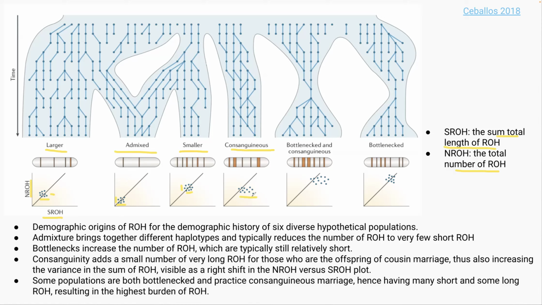So the total ROH proportion is increased, even though they have the same numbers, because they can have longer ROH blocks. If you experience a bottleneck, then it will be increased compared to the small population because they are much smaller, by the drift event, right? So they increase the sum of ROH, the number of ROH, and also the ROH length. Okay, so that's a very important concept. We have to think about the ROH relationship.